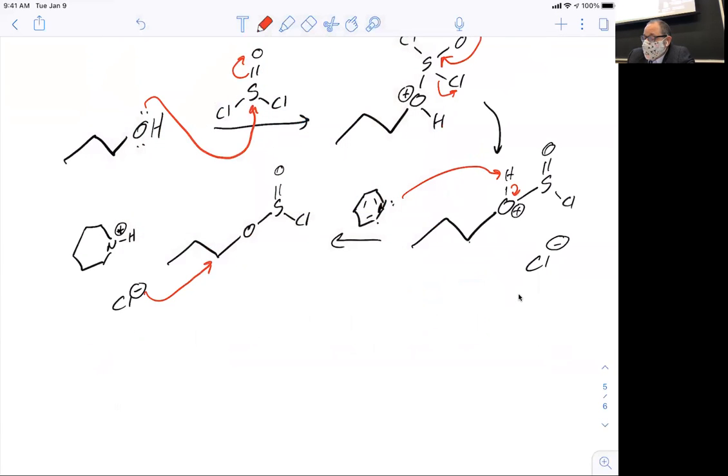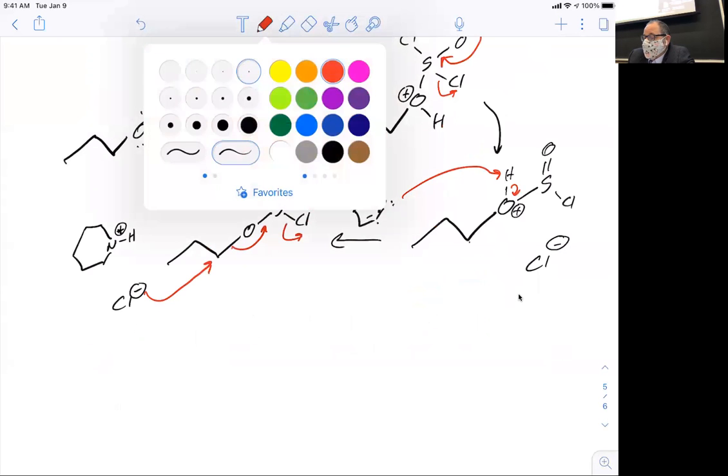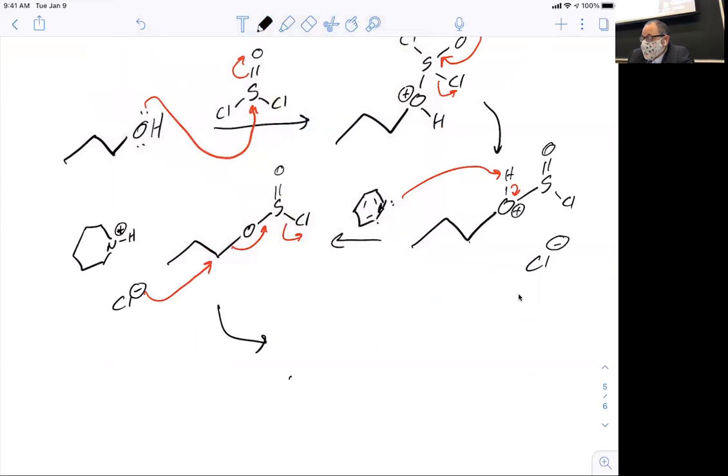And then the chlorine comes in, attacks this position, kicks the electrons around towards the sulfur, and actually kicks off the chlorine. And to show our stereochemistry, I'll show that down. So this would be backside attack. All right, so if we have stereochemistry, we're going to get inversion. It's going to give us the sulfur dioxide plus the chlorine, which goes off with the pyridinium.